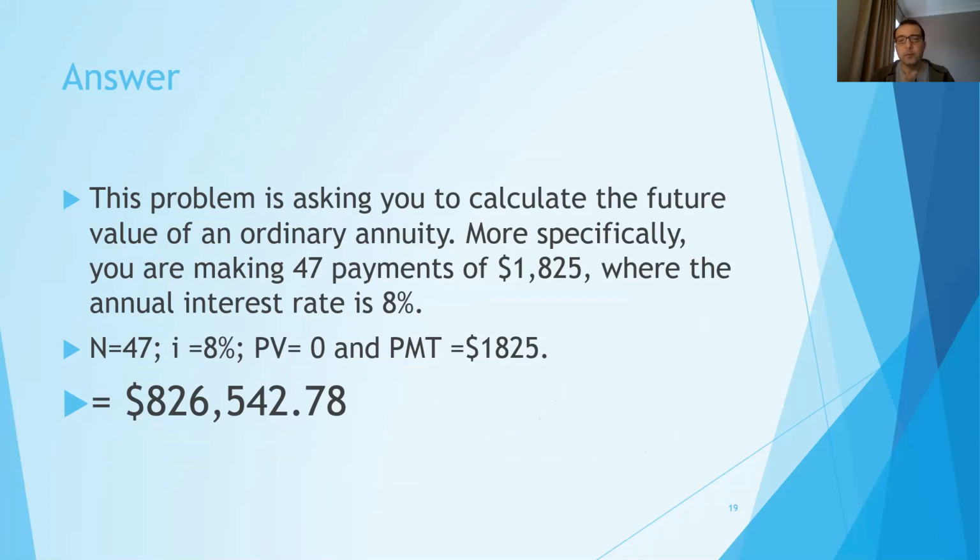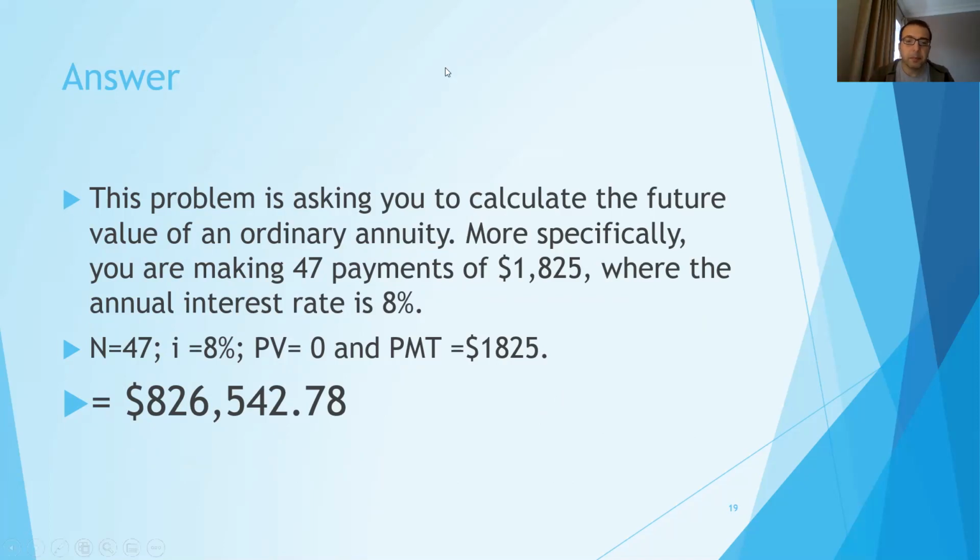Then we can apply our formula. In this case, the interest rate is given as 8%. The present value is 0. We don't have anything right now, but we start to add $5 on a daily basis for 47 years, right?